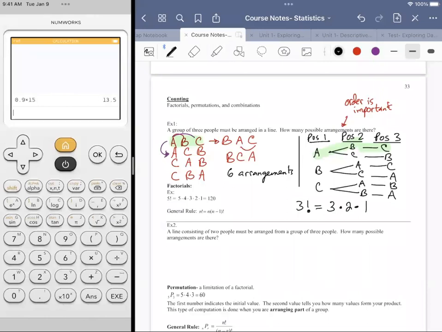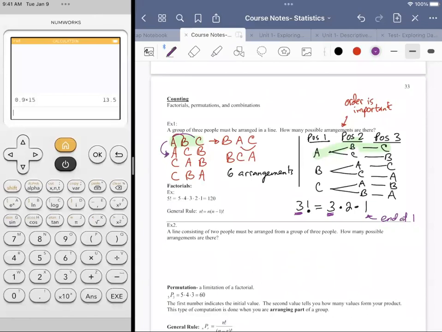What you're dealing with when working with a factorial is whatever number is in front of the exclamation point, that's where you start, and you end at 1. All multiplication.